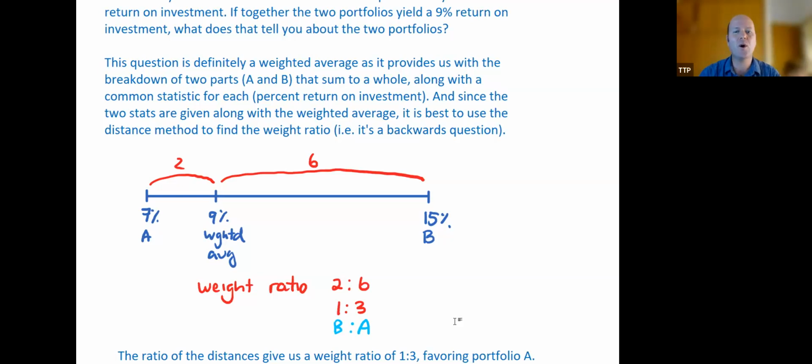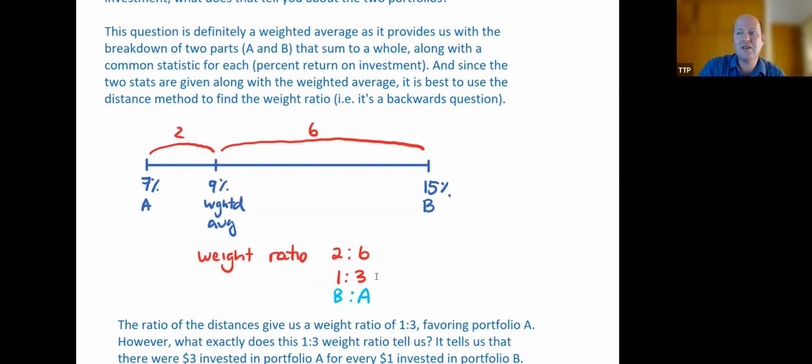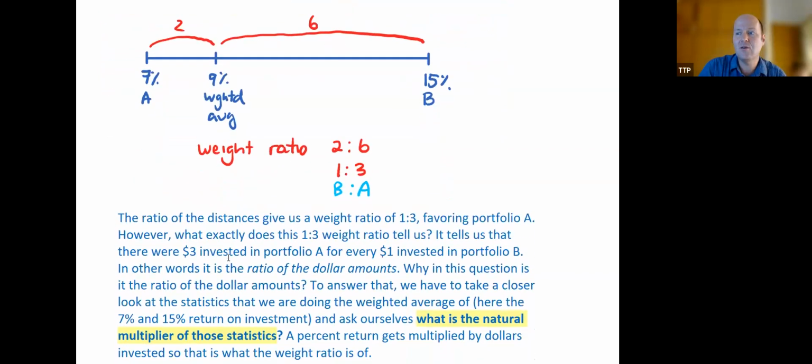Okay, and how do we know what it is? Because this is one place where the method can get a little bit confusing. It's the principal amount invested in A and B, meaning there's 3 times as many dollars or whatever the currency invested in A as there was in B. And that's why the return came out closer to A. Now how can we tell what the unit is? There's an easy way to test it.